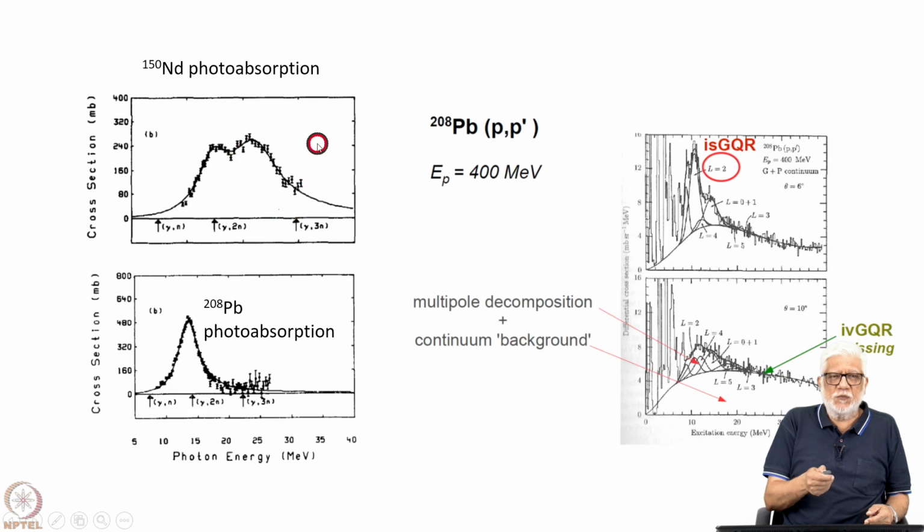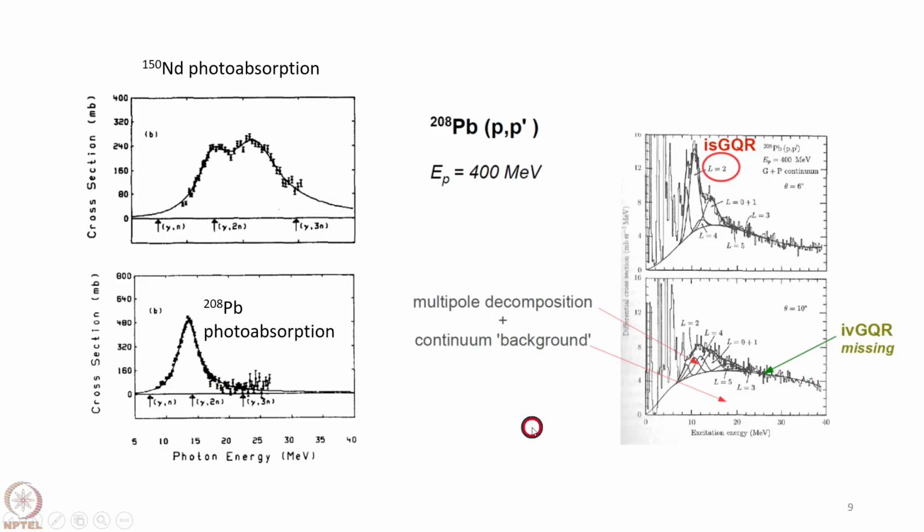So the strength is more, in spite of the fact that its width is also more. So you have this kind of splitting, and you can infer the shape of the ground state of this nucleus. You can see that this is very different from lead 208, which is a doubly closed shell nucleus, and there is a single peak at about 13 odd MeV, because all directions are the same.